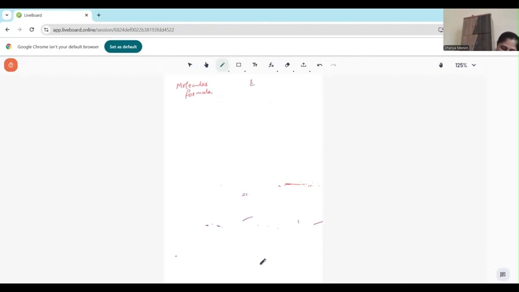Molecular formula I'll refer to as MF, and empirical formula I'll refer to as EF. So the molecular formulas are: C6H6. Next one is C6H12. Third one is H2O2. Last one is H2O.